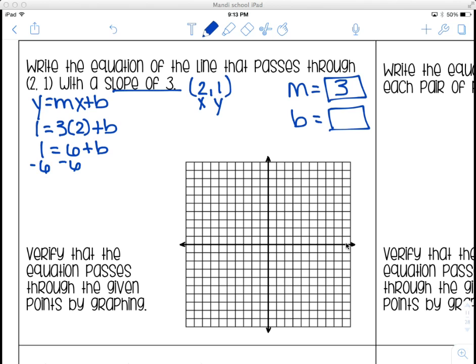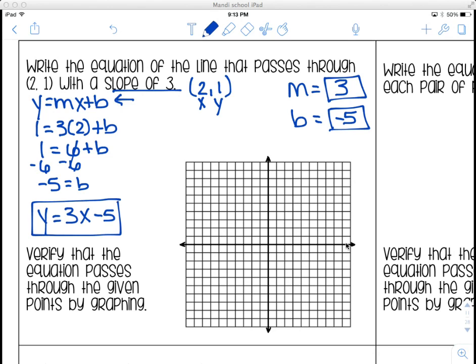Subtract 6 from both sides. So b is negative 5. Once you have that information, then you take the m and the b, you put it back into this equation. y equals 3x plus b, but in this case it's a negative 5, so we can just say minus 5.